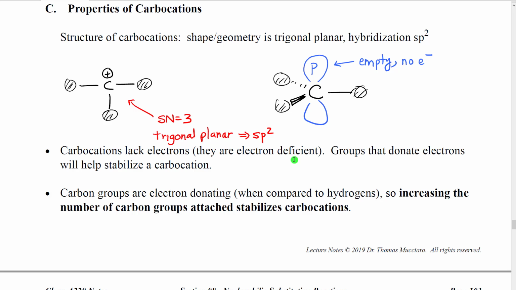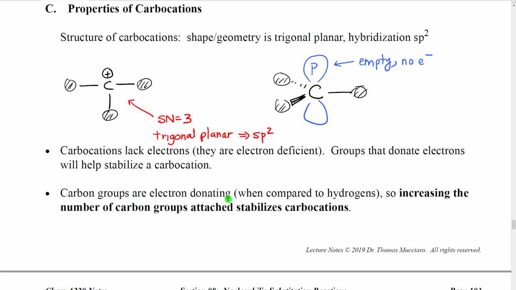Now, one of the things about electron deficient groups is that if we change their structures a little bit, we can change their potential energy. Specifically, if we change the groups attached to the central carbon and replace them with groups that donate electrons, that will help stabilize that central carbon.